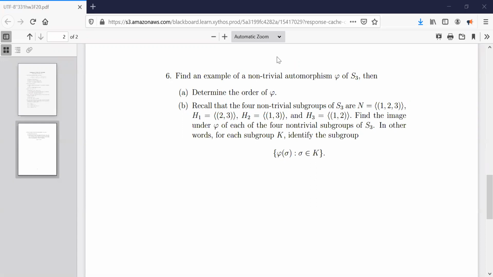Lucy, what's an automorphism? Sorry, I'm blanking right now. Pedro? I don't really know.